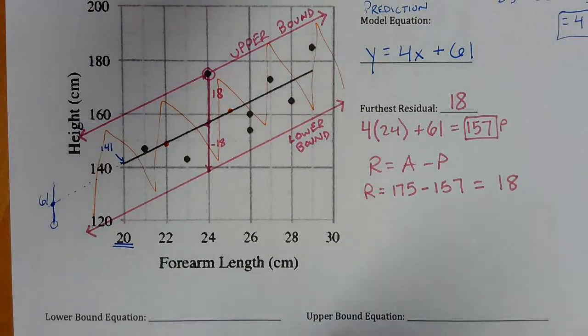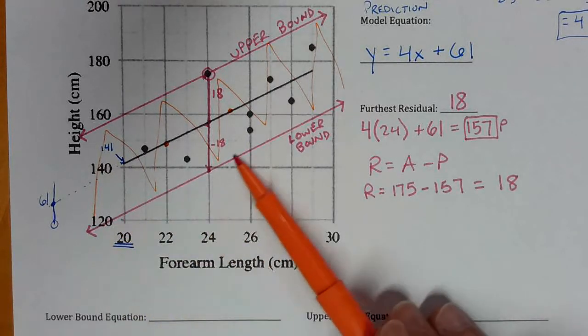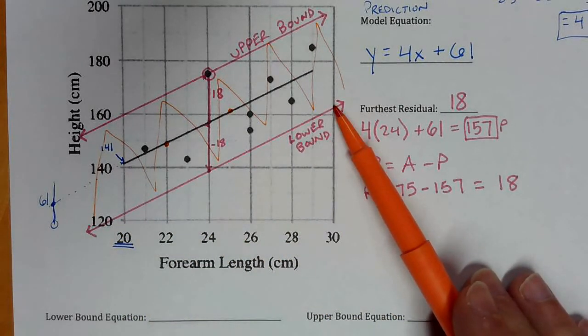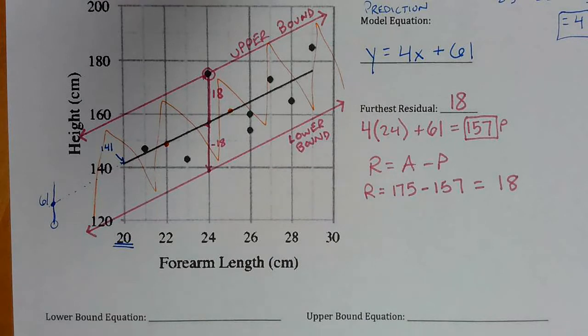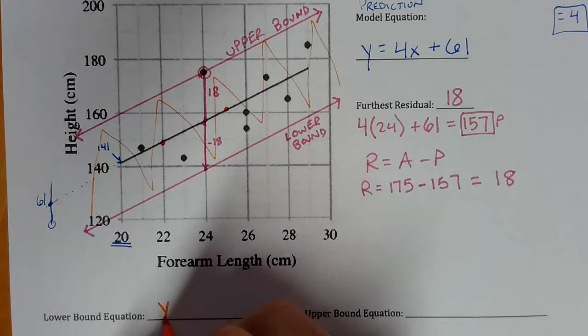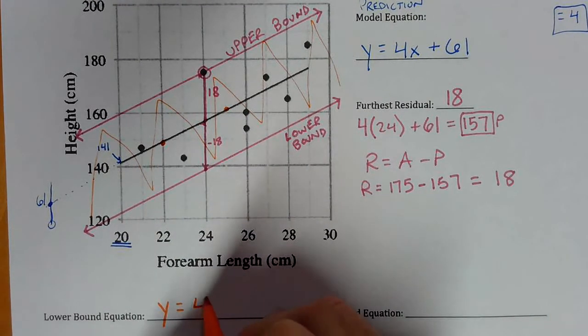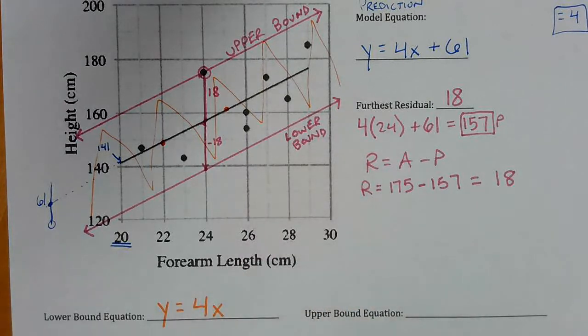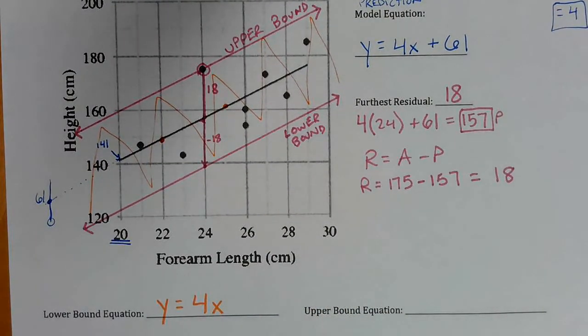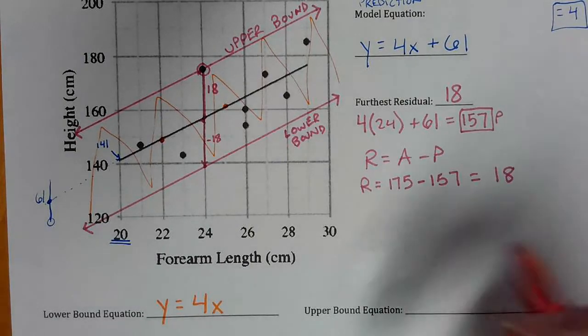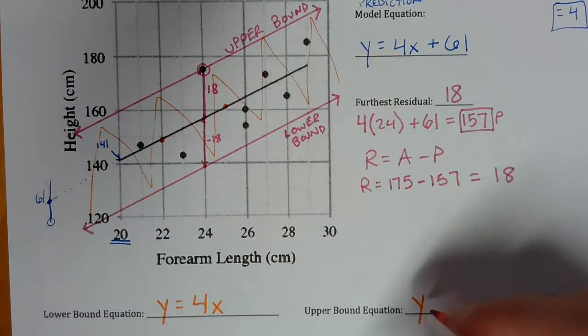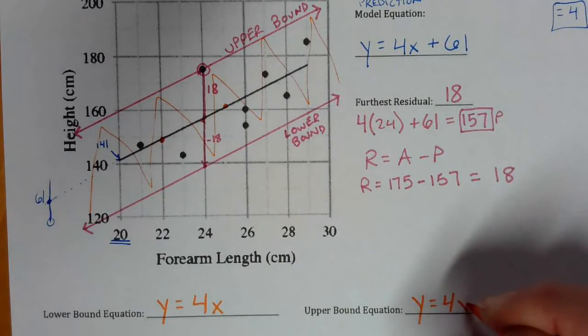So I'm going to first start with the lower boundary. The lower boundary line is parallel. Because it's parallel, it has the same slope. So y equals 4x. The slope is not going to change because it is parallel. So our upper boundary will still have the same slope, y equals 4x.